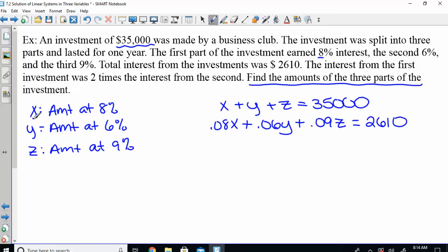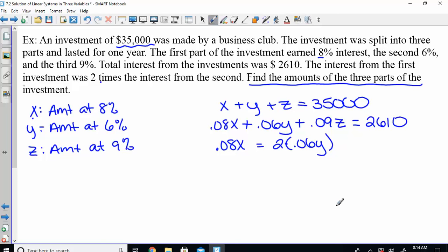So the first one was the 8%. The interest you earned would be the 0.08x. Was means equals 2 times the interest from the second, which was the 0.06y. Are we okay there?